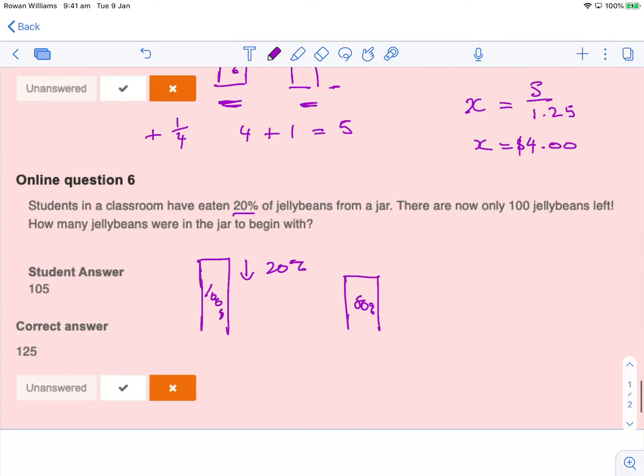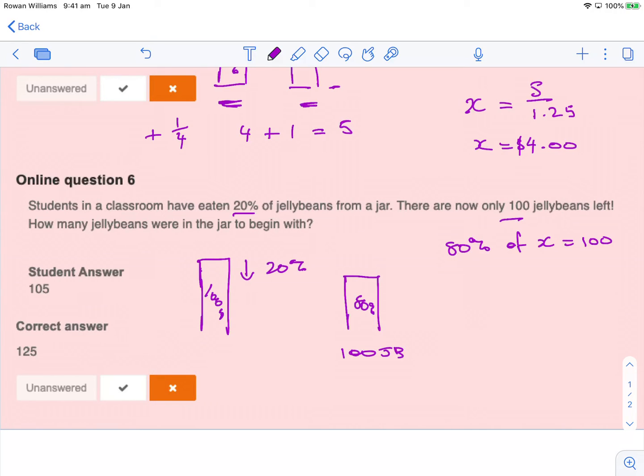And we're going to use exactly the same setup because now they're telling me there's 100 jelly beans left in this jar. 100 jelly beans. And so I could do this the same sort of way. I could say that 80% of x, which is just my something, equals 100.